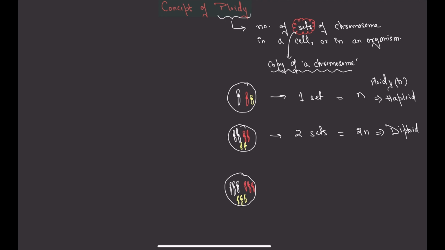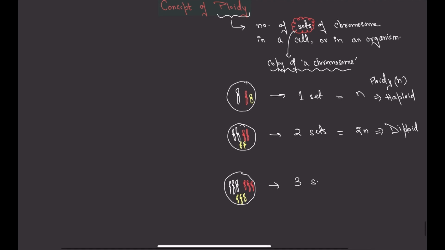That is why now I can say that I have 3 sets present for every type of chromosome. 3 sets, that is why the condition is 3n, which is termed as triploid. And in the same manner we can have the tetraploid, the pentaploid, the hexaploid, all these conditions. Okay, so this is about the ploidy, number of sets of chromosome.